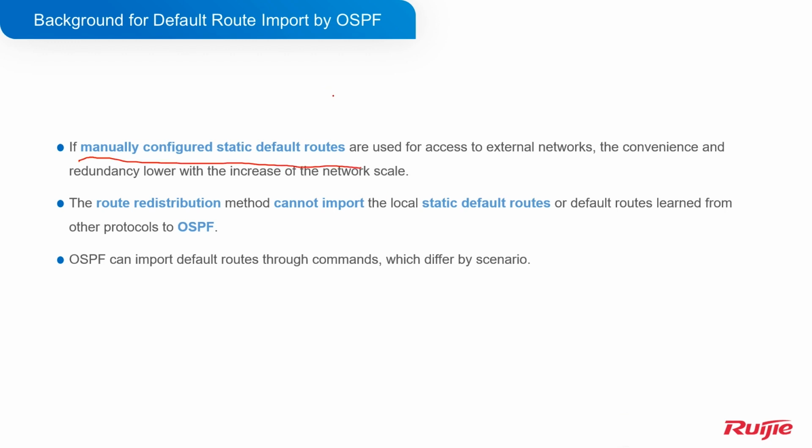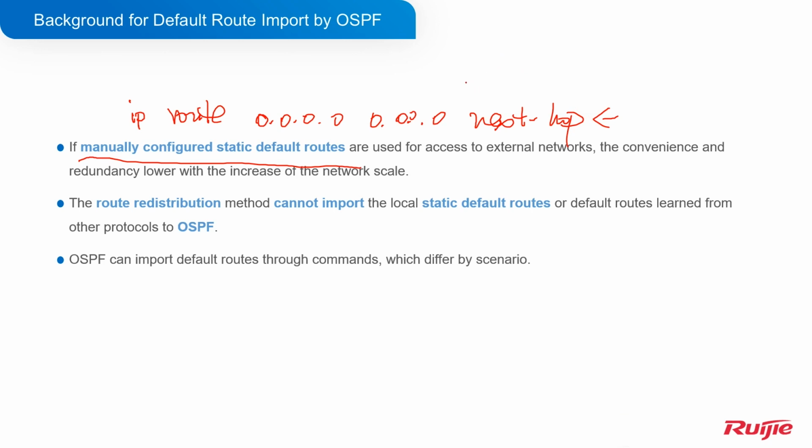As we know, in a network, if we want to configure static routes or default routes, we will use commands like ip route, then 0.0.0.0, and then the next hop. With this command, we can configure the static routes or the default routes.